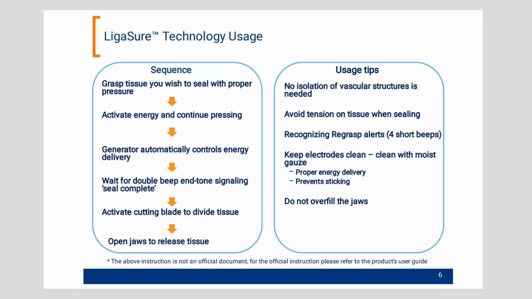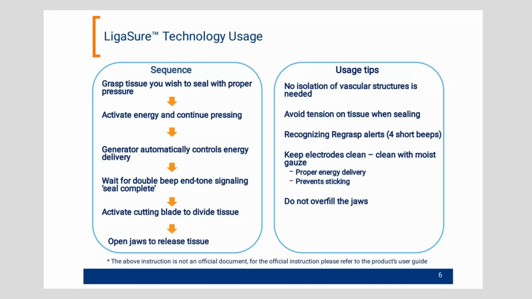Just to share as an example how this device works, what is the sequence of working with, let's say, LigaSure: you grasp the tissue to seal with proper pressure, activate the energy, and continue pressing. And this continuation of pressing is helped by a lock system, which is inbuilt.